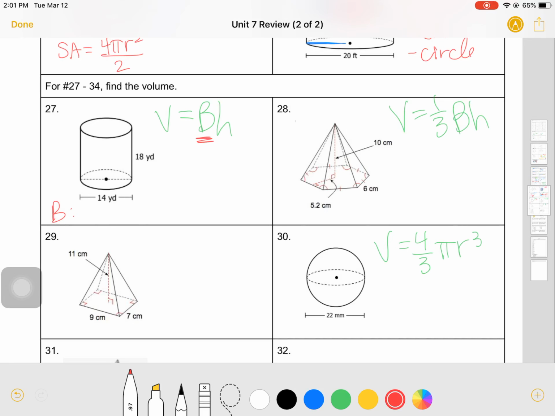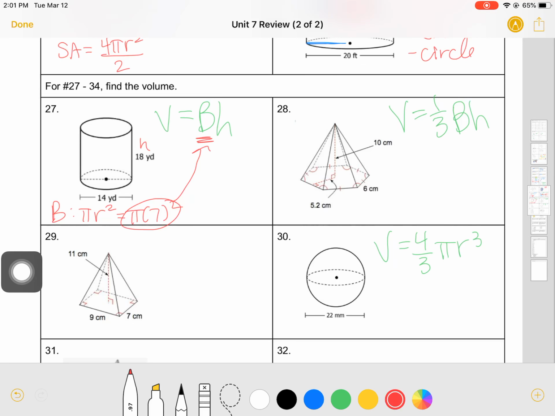For example, on 27, my big B is a circle, so it's going to be pi r squared, or in this case, pi times 7 squared. This number will get plugged in for B whenever you find it. Your H is the height of your prism or pyramid. This H then is this 18, and I will just multiply 18 by this big B once I calculate it.